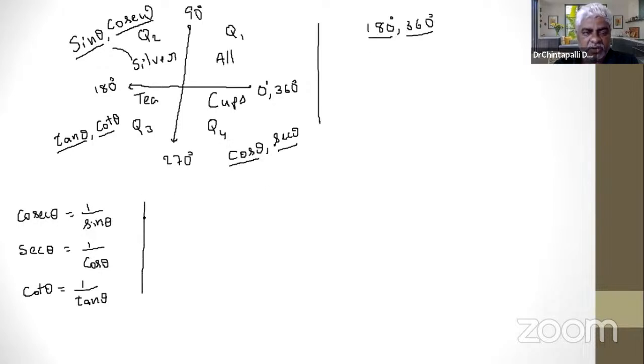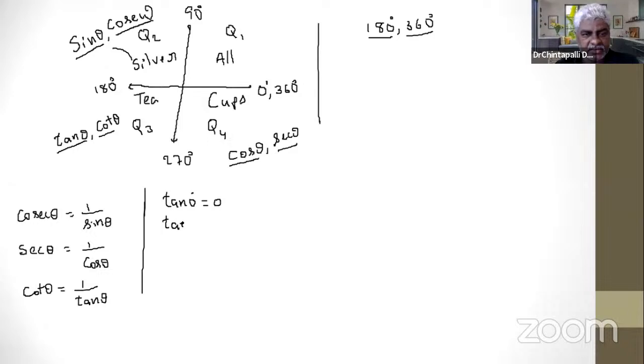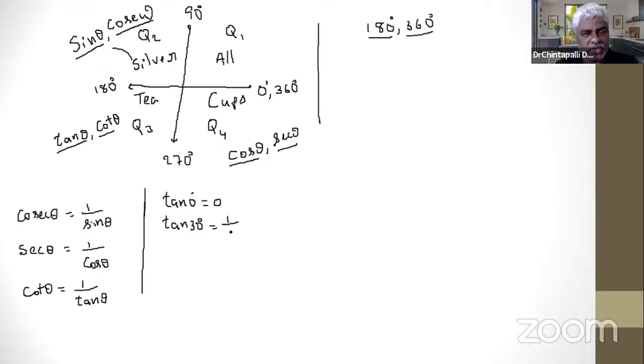As we know all the values up to 90 degrees, for example, we know what is tan 0 degrees. Tan 0 degrees is 0. Tan 30 degrees is 1 by root 3.